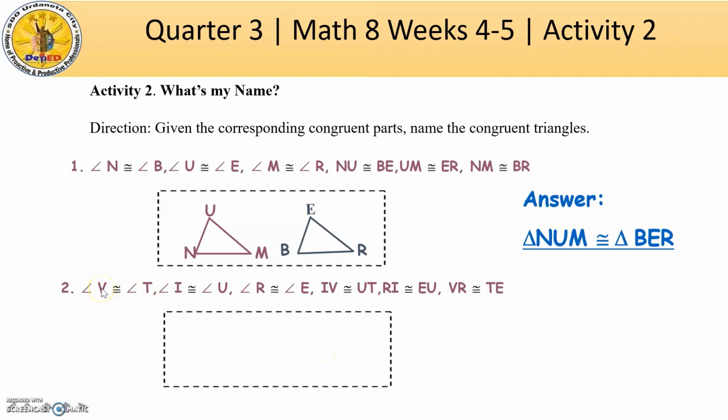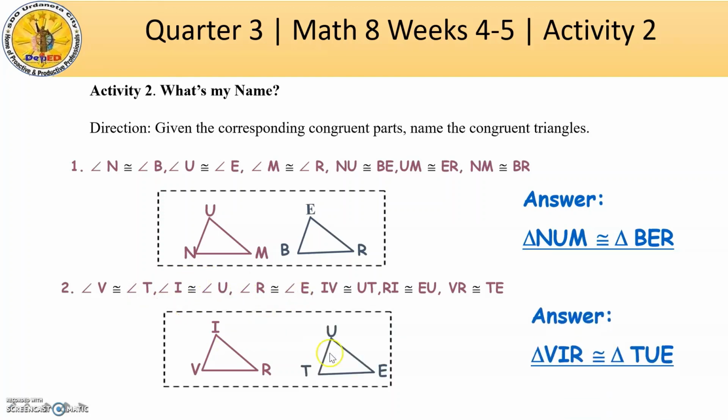So the first triangle formed by the three angles B, I, and R is triangle BIR. And the second triangle formed by the angles P, U, and E is triangle PUE.